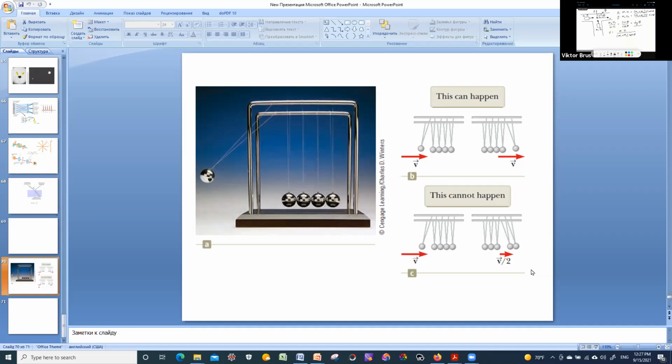Which type of collision is this? These balls are very hard and perfectly elastic. Yes, this is elastic. And we already discussed that if we have elastic collision, then not only conservation of linear momentum is valid, but also conservation of kinetic energy.